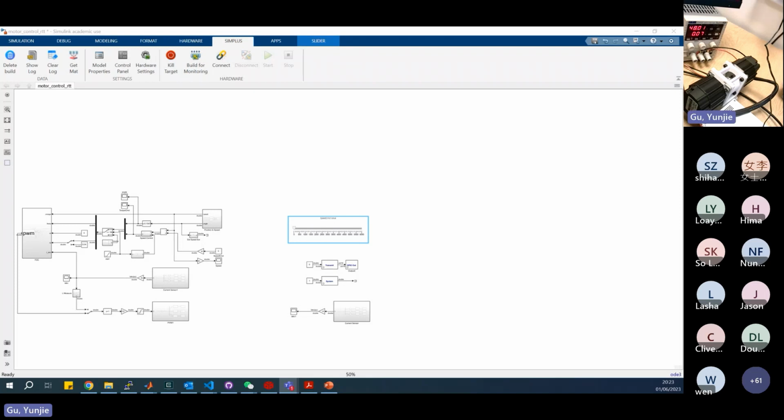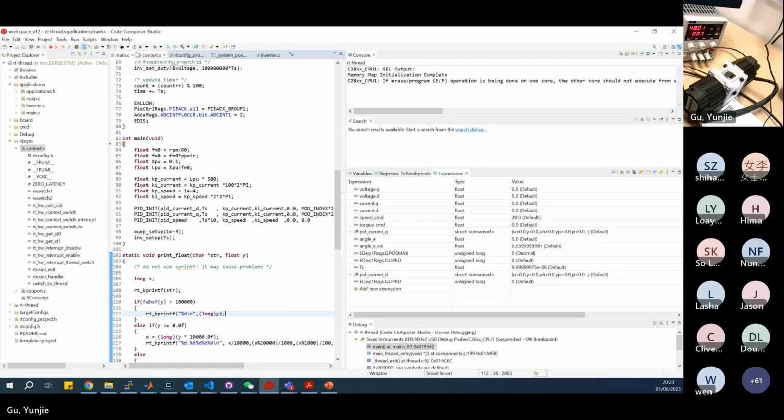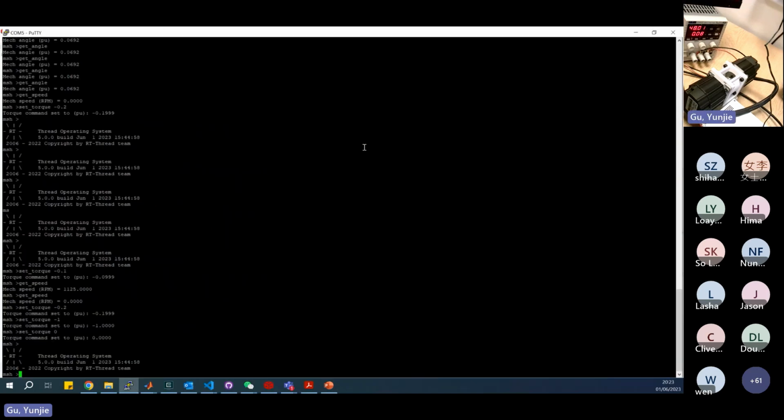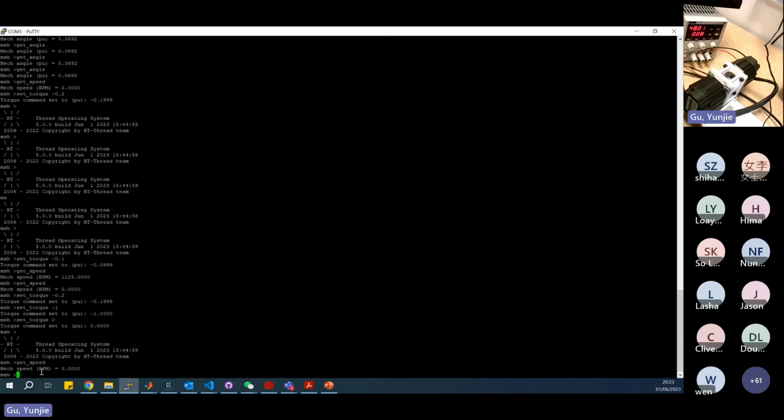I've built the project and loaded it, and I just click start. After I click start, I open the shell. You see this has started, and we can put in some commands here. We can get the speed of the motor, which is not running, so the speed is 0, which is correct. Then we can set the torque.